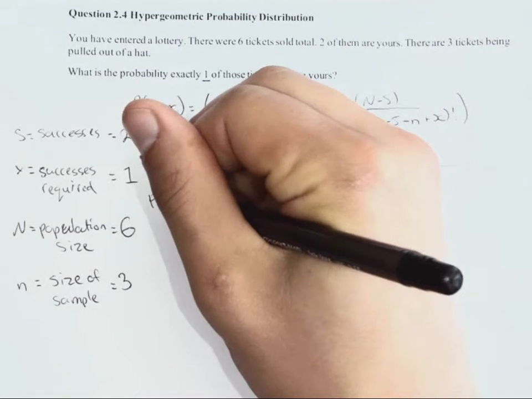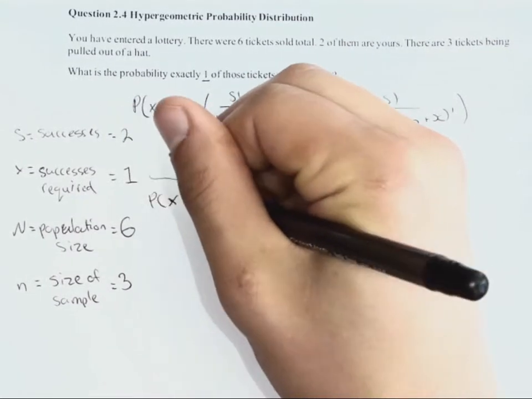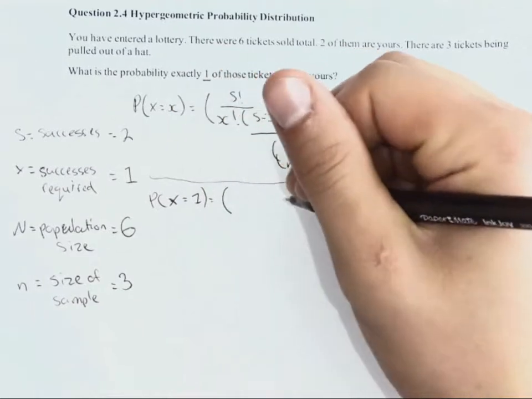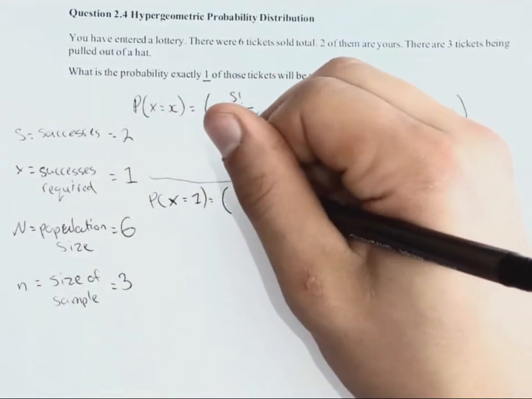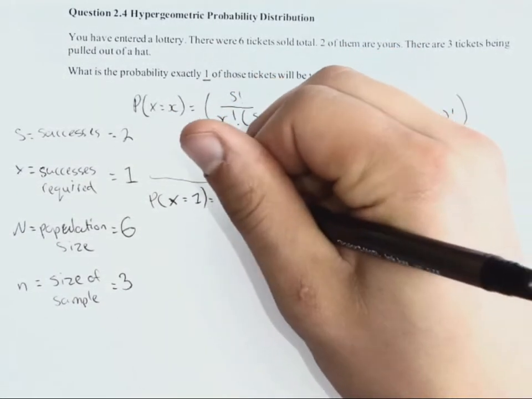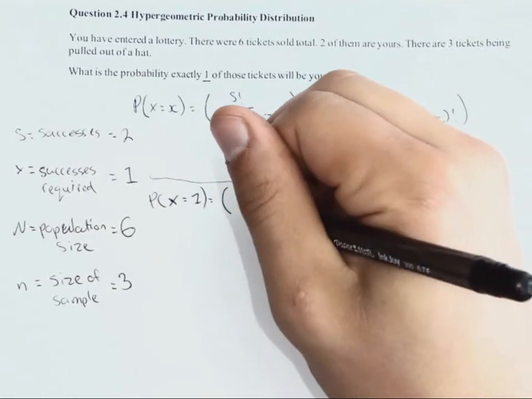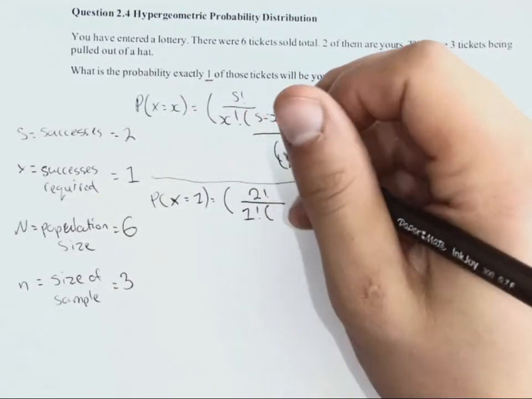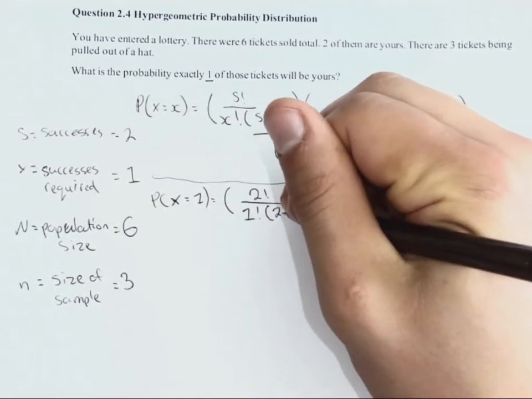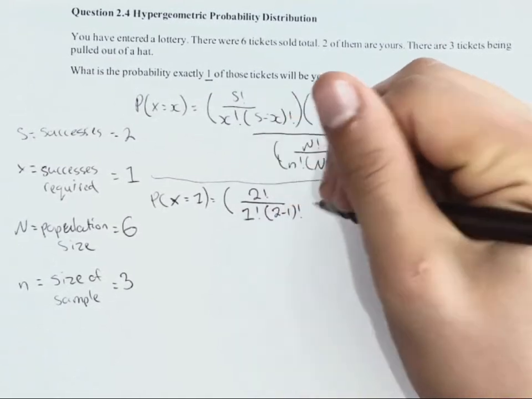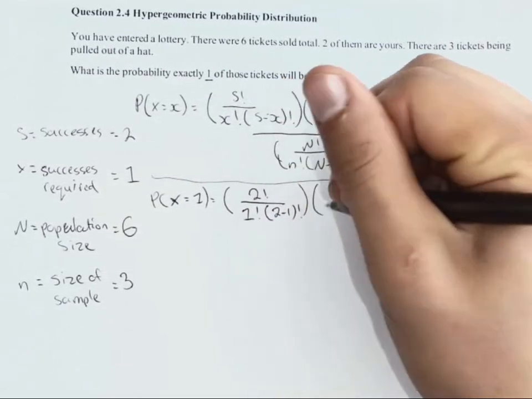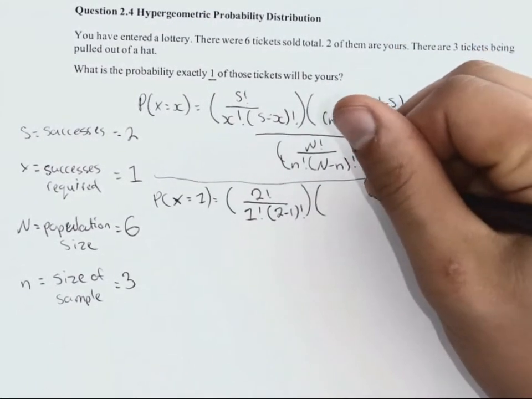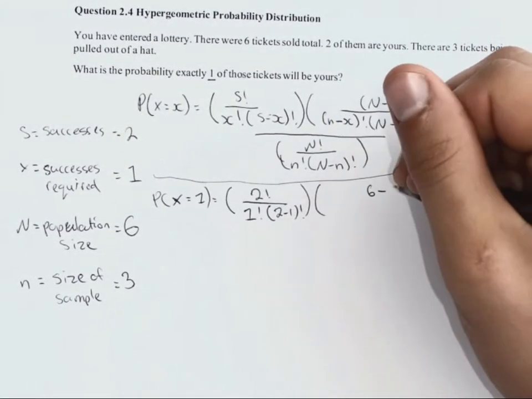So the probability that x equals 1 equals 2 factorial divided by 1 factorial, 2 minus 1 factorial, multiplied by 6.